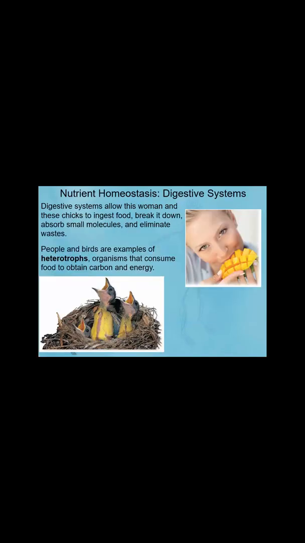Nutrient homeostasis. Well, how do you tell the difference between hunger and satiation? Now, there are some words here, some definitions we need to talk about. One is heterotrophs. Heterotrophs consume food to get carbon and energy. So heterotrophic animals eat other animals.